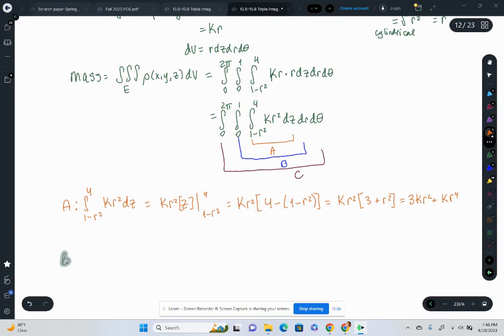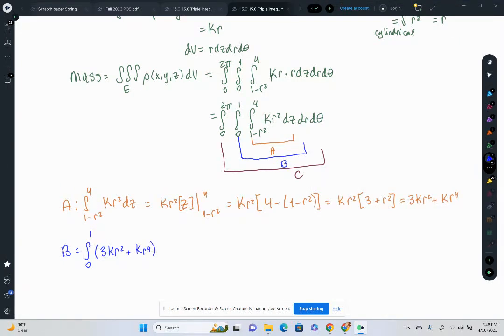So with b, I have the integral from 0 to 1 of 3kr squared plus kr to the 4th, and now we're looking at dr. This gives me, now those k's, you know what, I'm going to pull those k's outside. And I'm looking at 3r squared.